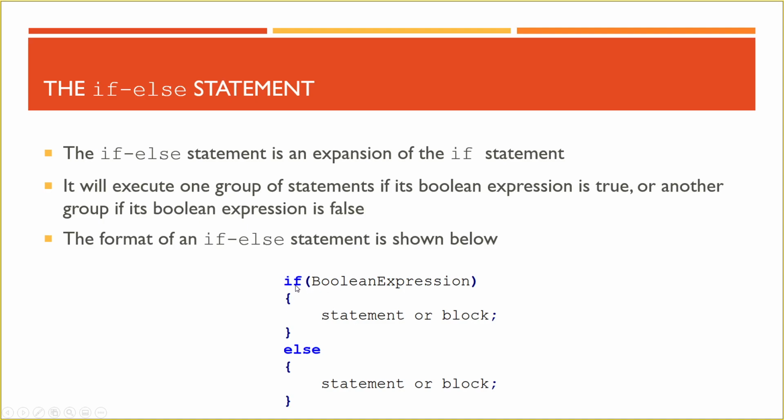So we have the keyword if, we have the Boolean expression that we're going to use in our parentheses. We have our braces. Then we have the keyword else. We don't need anything in parentheses for else. It's just if this is true, do these things. Else, if it's not true, do something else, right? So we also have an else statement body with these curly braces, and we would put our coding statements here.